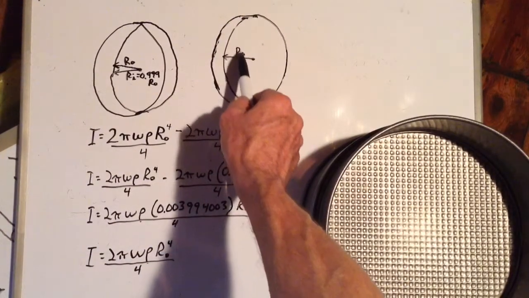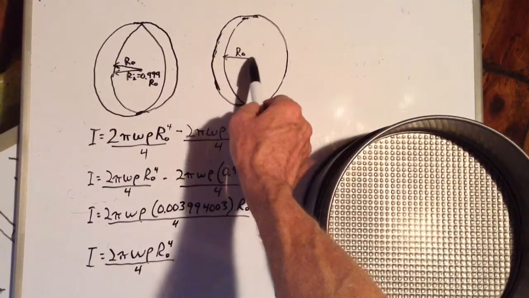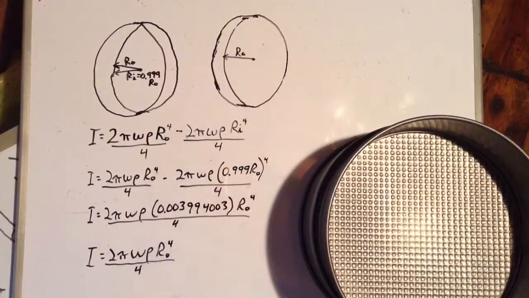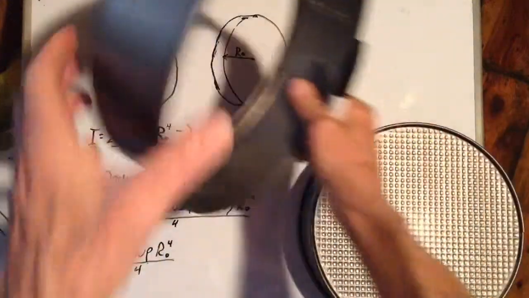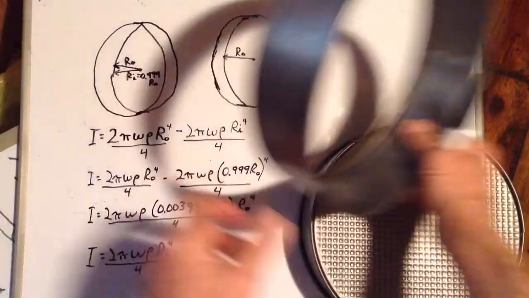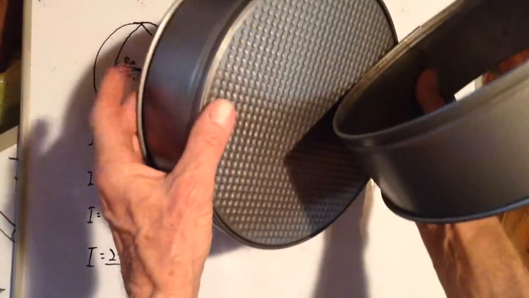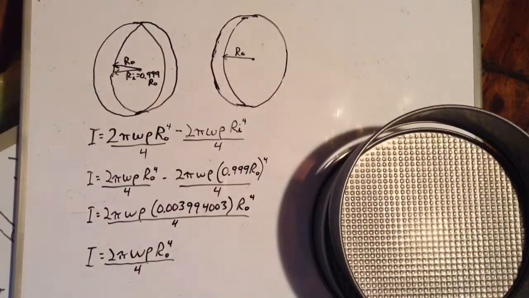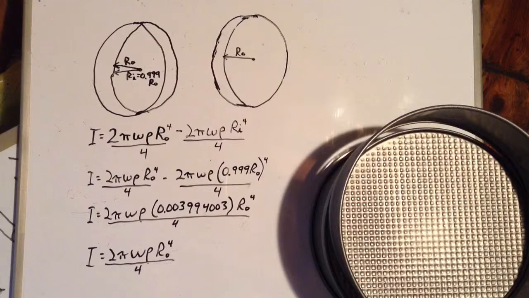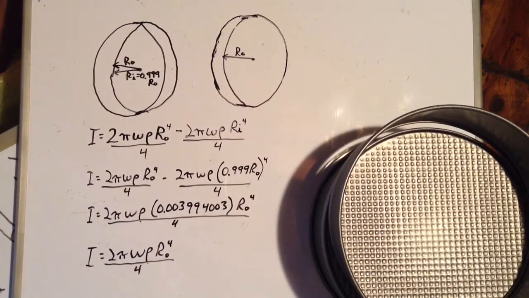The width of the ring from there to there is equal to the width of the disc from there to there. And the density of the ring material is equal to the density of the disc material.